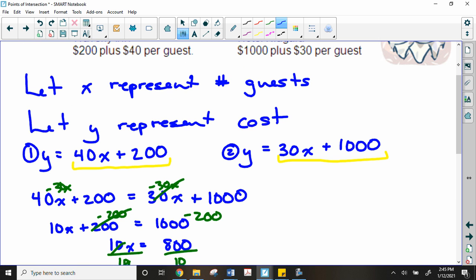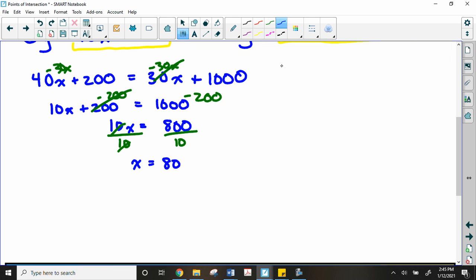Which one do you think is the easiest equation? I'll go with the first one. It's just got smaller numbers. Okay, so we're going to sub X equals 80 into the first equation to find out how much it would actually cost. So let's have a look here. Y equals.